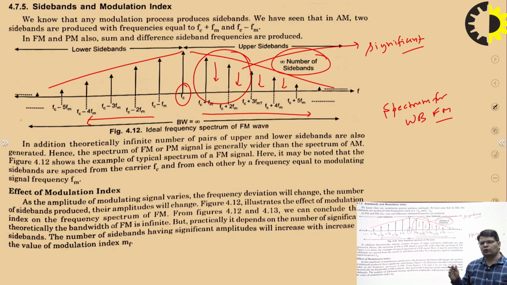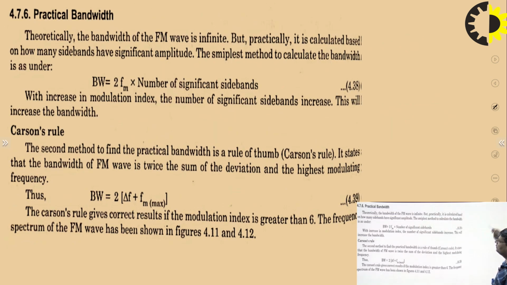That is, for calculating the bandwidth of the wideband FM, we consider only the selected number of sidebands which are significant enough. So here we can see the spectrum of the FM signal.